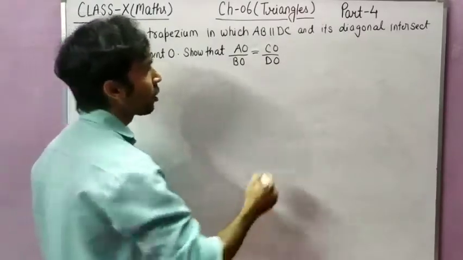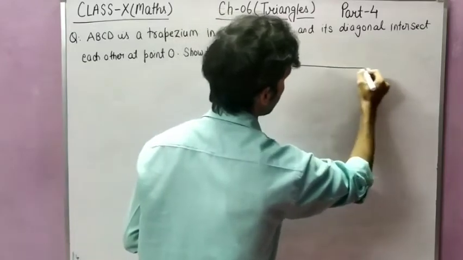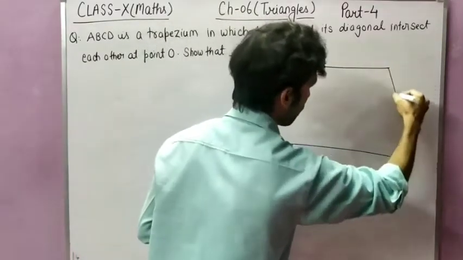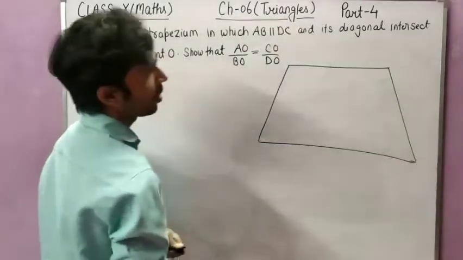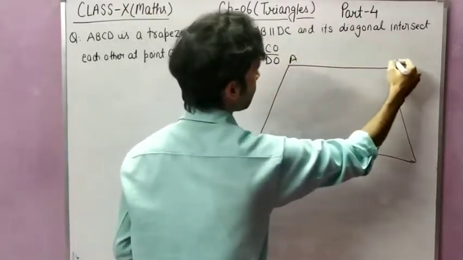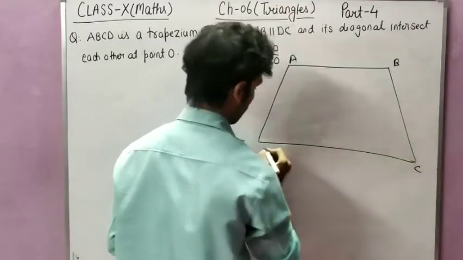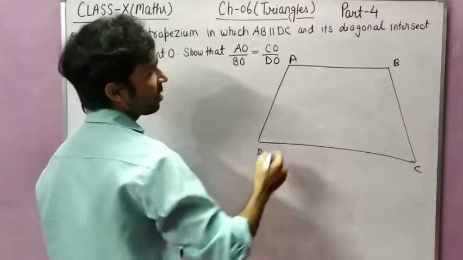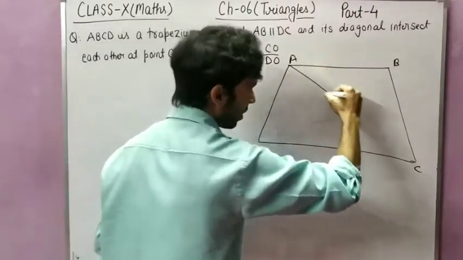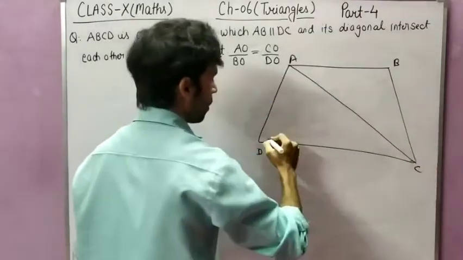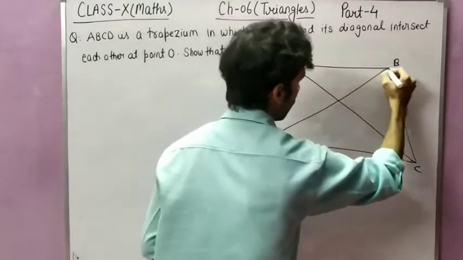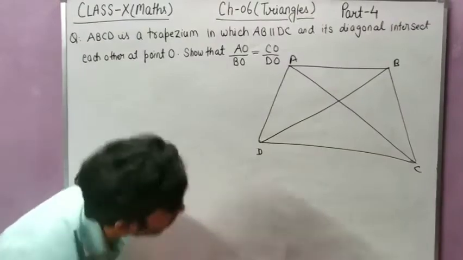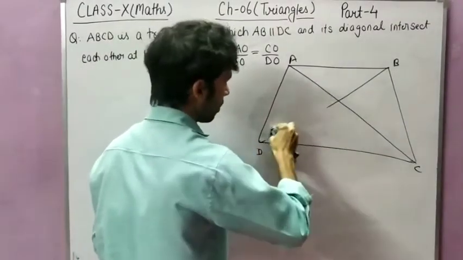So first we will draw the trapezium. So suppose trapezium ABCD is like that. Okay, this is a trapezium ABCD and its diagonals, suppose AC and BD. Wait a minute student, it is not straight.